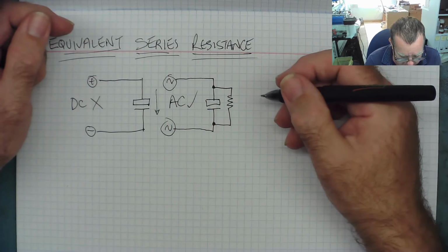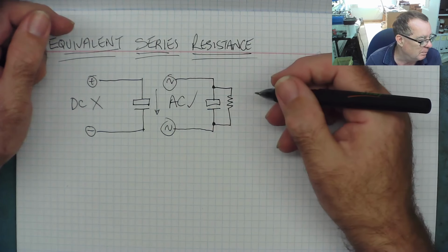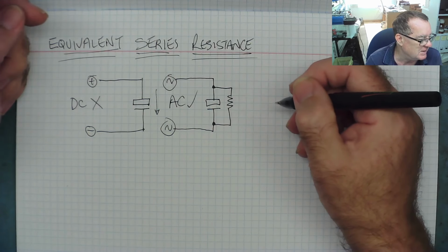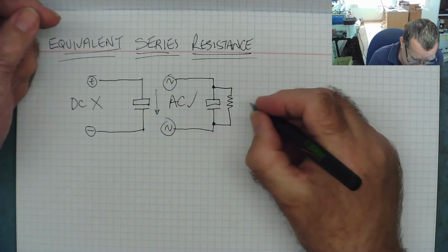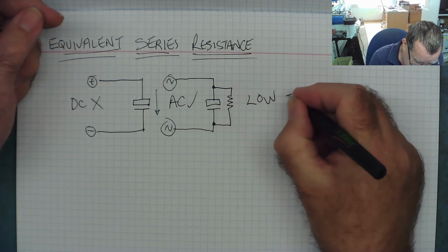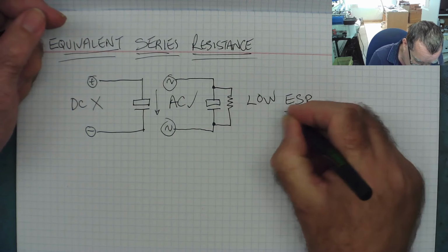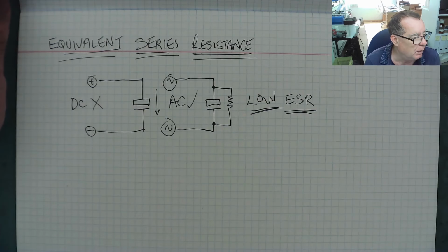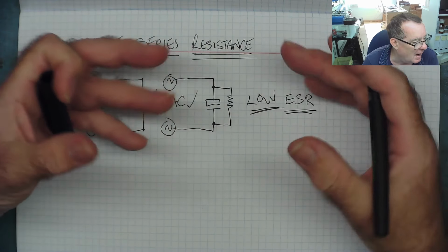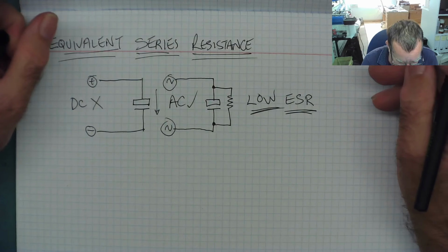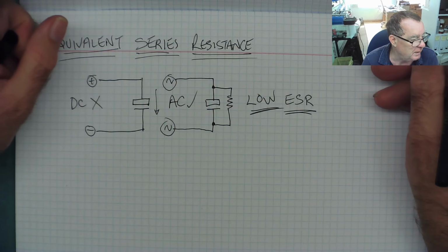So switch mode power supplies, buck converters, DC to DC converters, these sorts of circuits need to have capacitors that are low ESR. And it's important. If the ESR of the capacitor is too high, the power supply won't work properly.